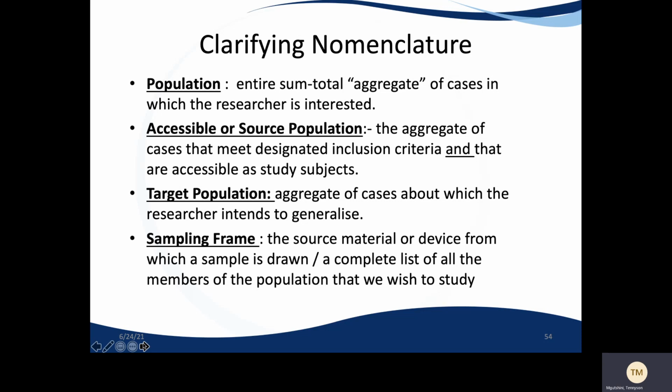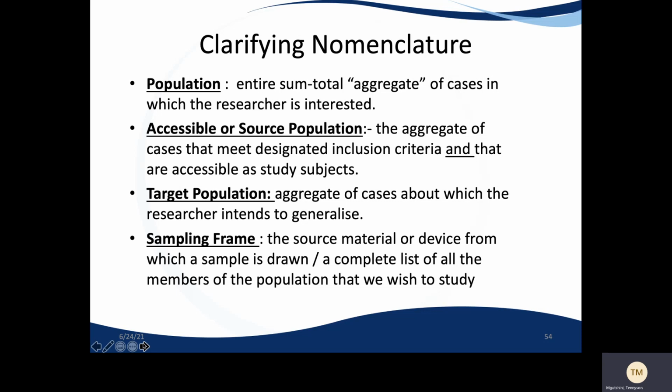So your target population is the aggregate of cases about which the researcher intends to generalize. So if I'm going to study those students who did not pass, then of course my findings will allow me to generalize about students who have not passed. And that is what a target population is.